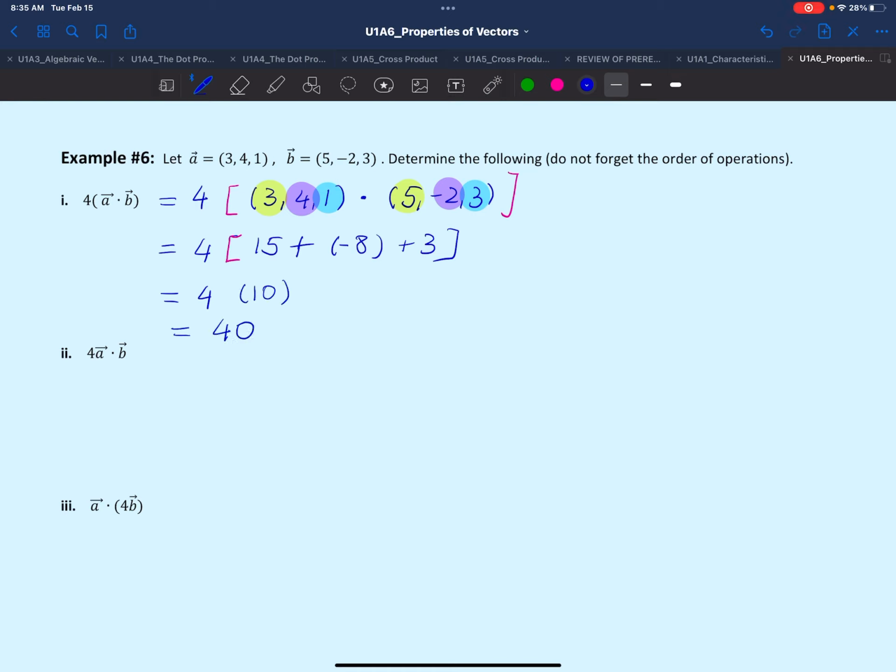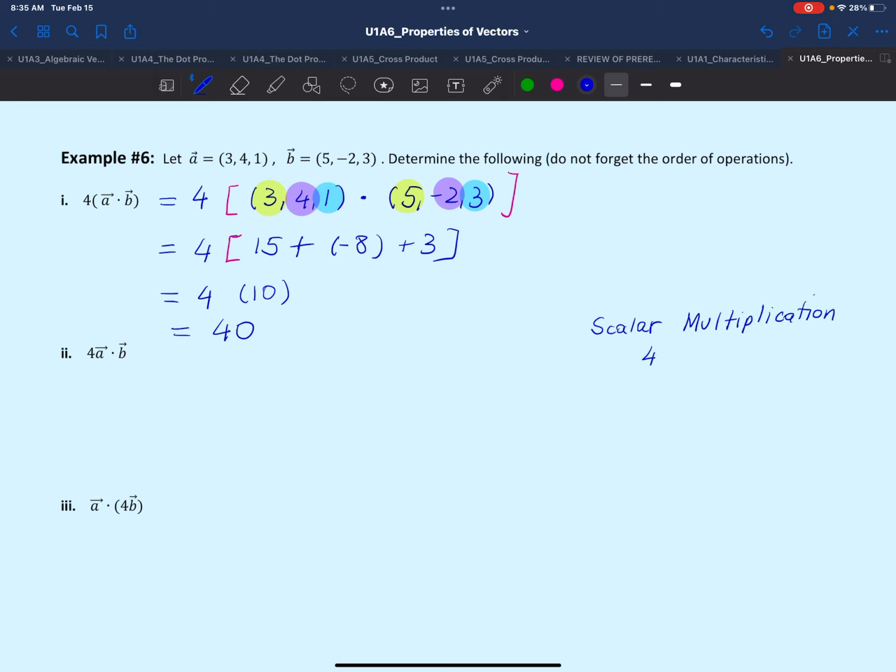Now, let's take a look at 4A dot B. So first, we have to apply the scalar multiplication. And since we're talking about this, I want to clarify two very important definitions that we need to distinguish from one another. We use the term scalar multiplication when we are multiplying a vector by a scalar.